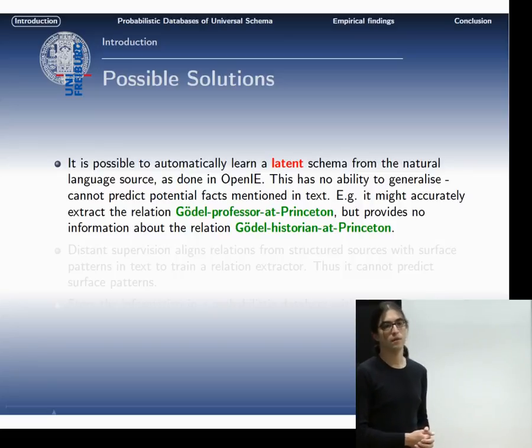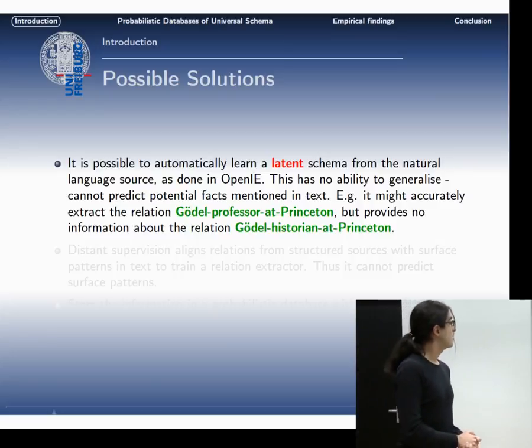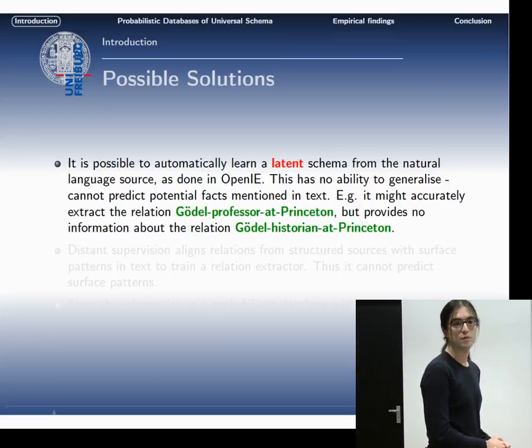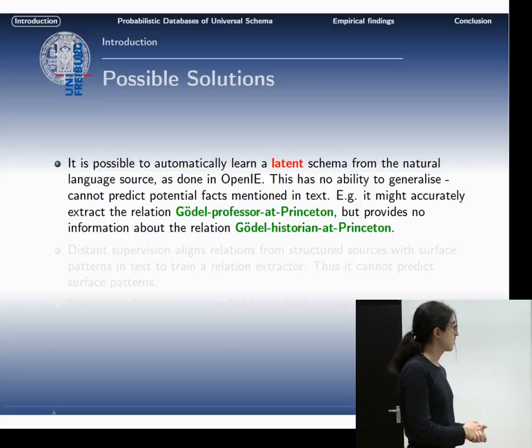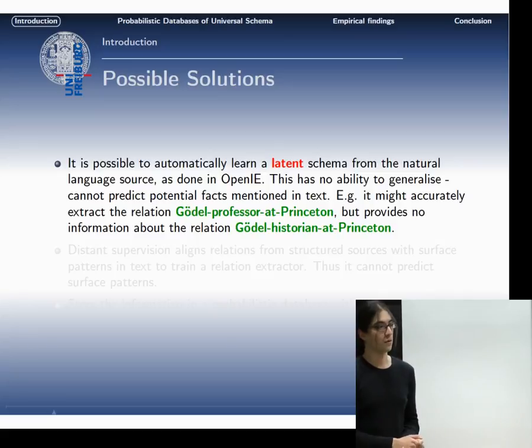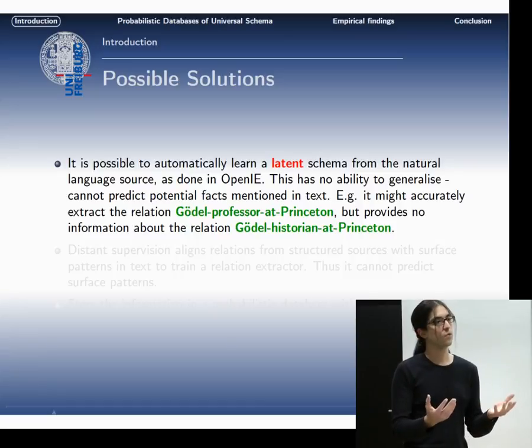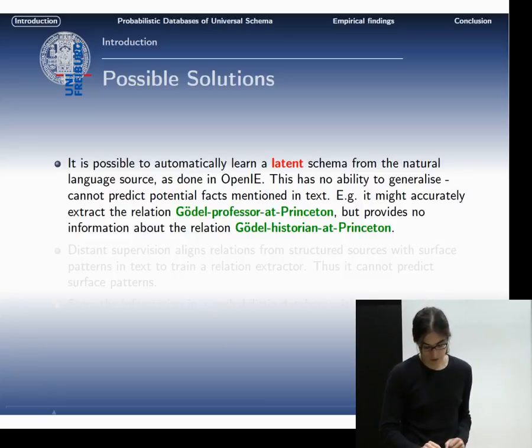OpenIE can extract the relation Gödel, professor at Princeton, if the text contains information to support this, but it can give us no information about the relation Gödel, historian at Princeton, which is clearly false, which it cannot be true because, well, Gödel was no historian. But OpenIE has no way of providing a quantification of this impossibility for the relation, so to speak.